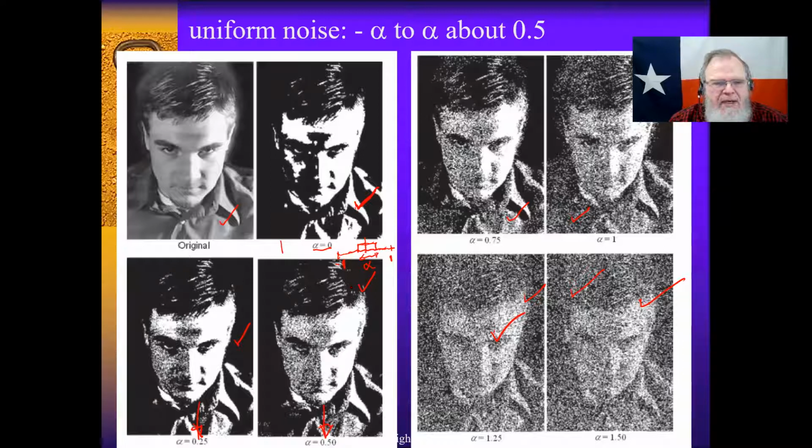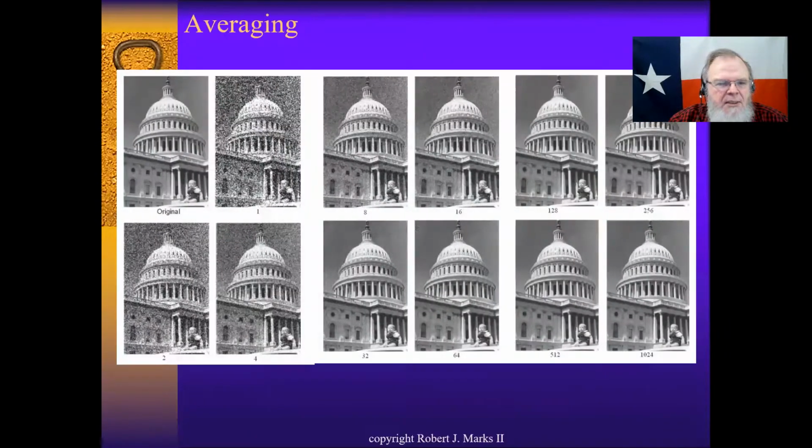Let's see if that carries out in the next result. This is a picture, and this is the original picture. If I add the optimal noise and threshold, we determined the optimal noise on the previous slide. Now we're adding the optimal noise in all cases.